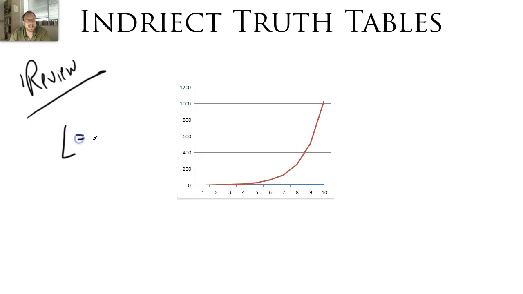Remember our equation: L, the number of lines for a truth table, equals 2 to the nth power, where n equals the number of unique variables. Each of these is a unique variable, and I've done the equation for you. You can see that when we get to 10 unique variables, we need well over 1,000 lines in our truth table, right?